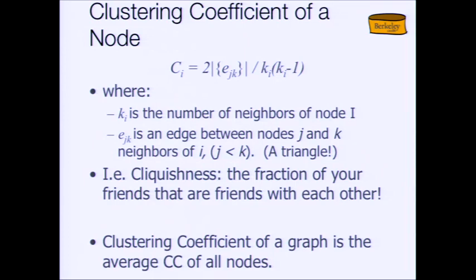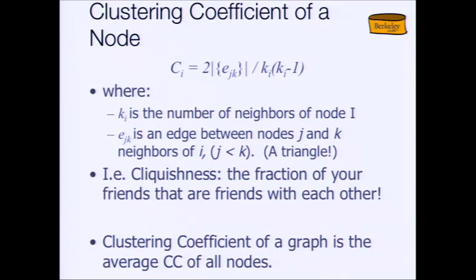So what is this expression? The size of E_jk is the number of Bob's neighbors who are friends with each other. How many of your neighbors are friends with each other versus friends of yours who aren't friends with each other? We're going to divide that by k_i times (k_i minus 1).